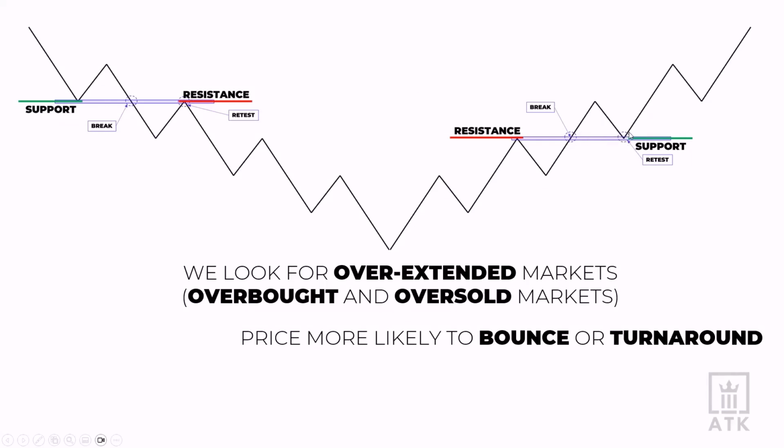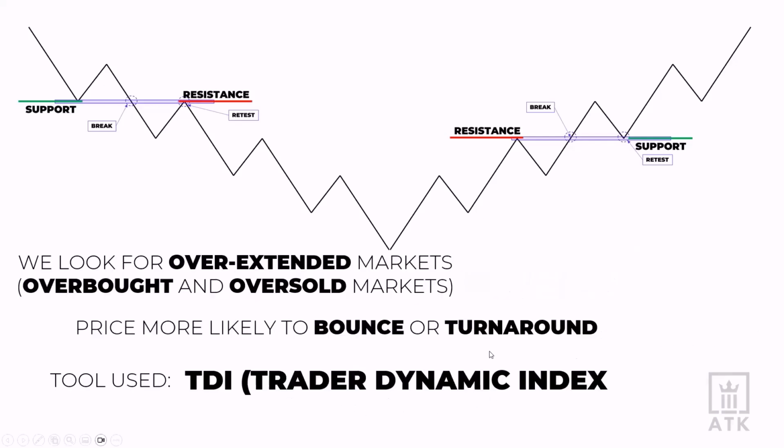And so that's a high probability that price is going to reject off of that area of support or that area of resistance and go the opposite direction or with the trend. And so that gives us high probability trades when we have the TDI there to predict where the bounces are going to occur. All right, and so you're going to learn tonight what the TDI is and how to utilize it.